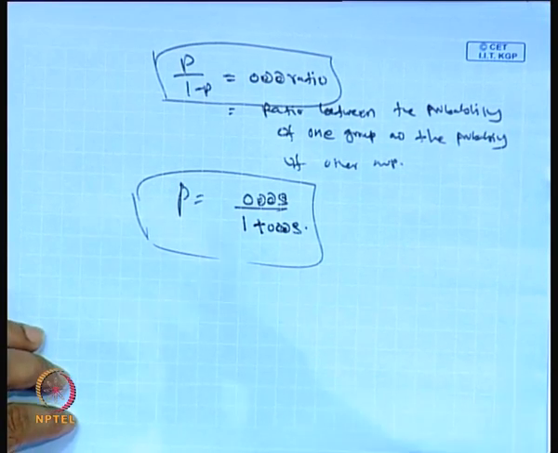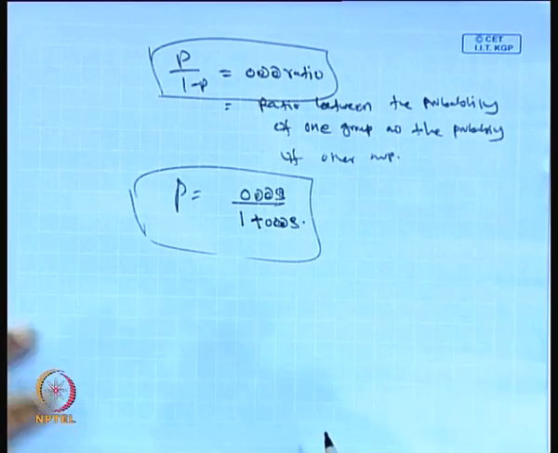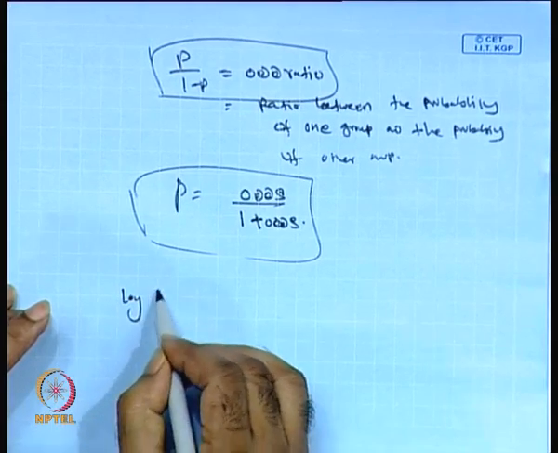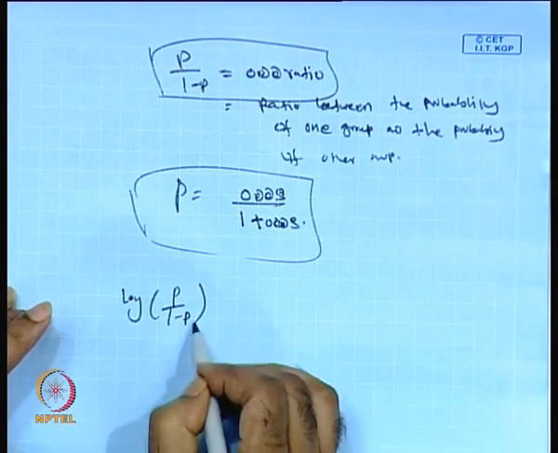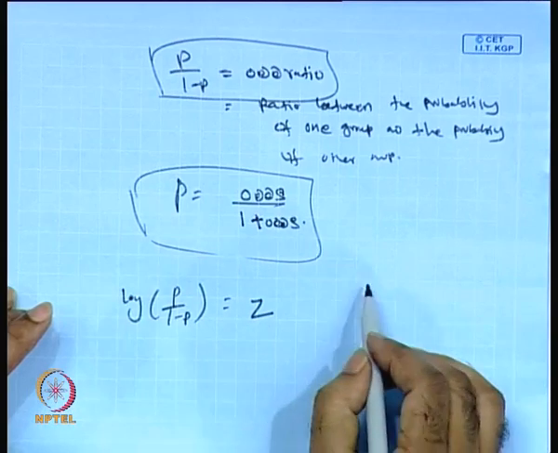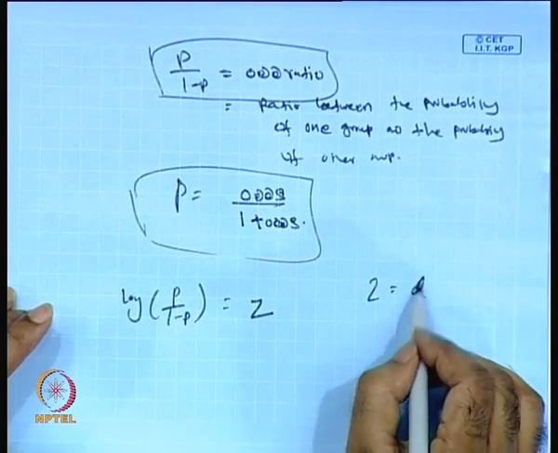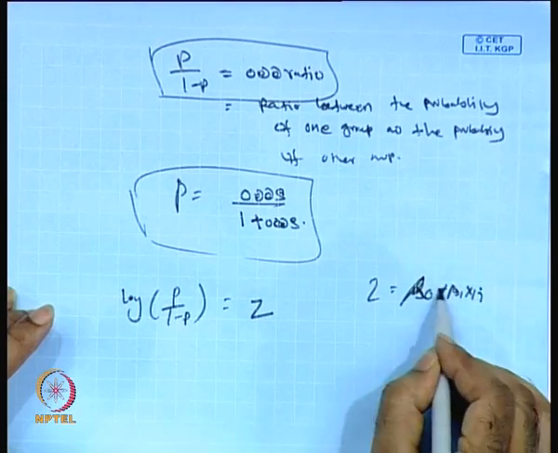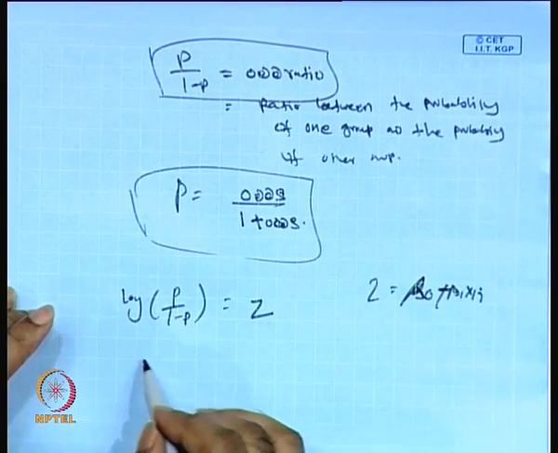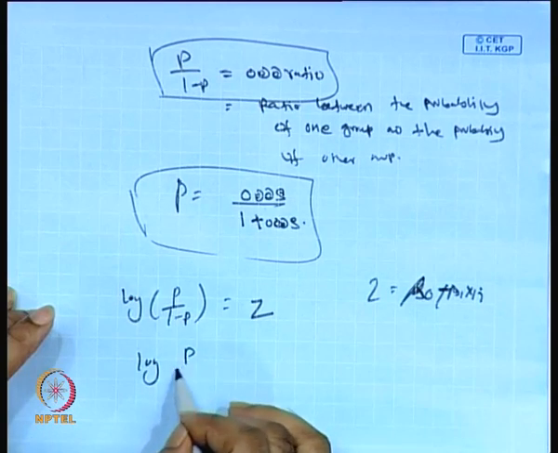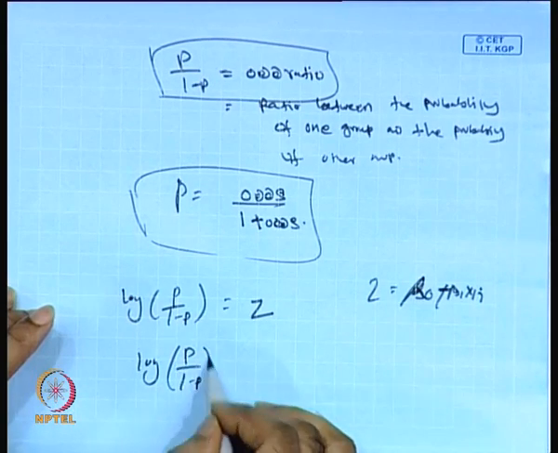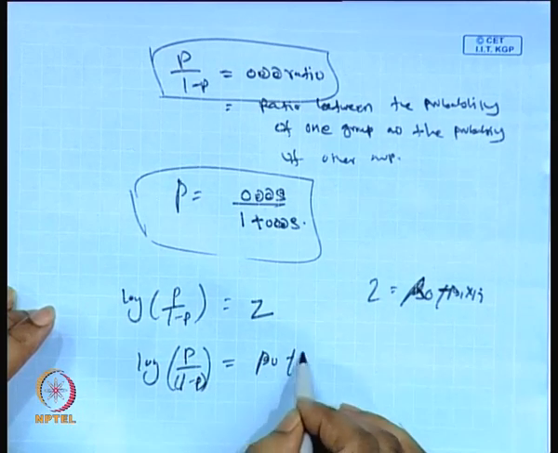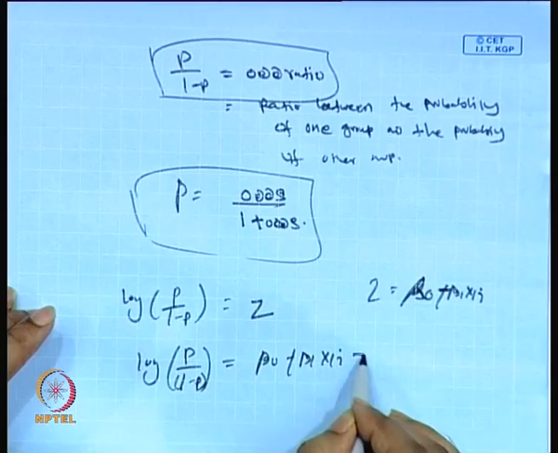How will we proceed for that? The model will be log of p by 1 minus p equal to z, where z is equal to, say, beta 0 plus beta 1 x 1i. So the complete model will be log of p by 1 minus p equal to beta 0 plus beta 1 x 1i plus u.